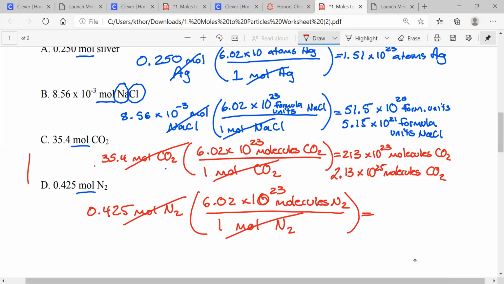So let's do the calculation. 0.425 times 6.02. I got 2.56 times 10 to the 23rd molecules of N2. Does anybody in those 2 rows have any questions?